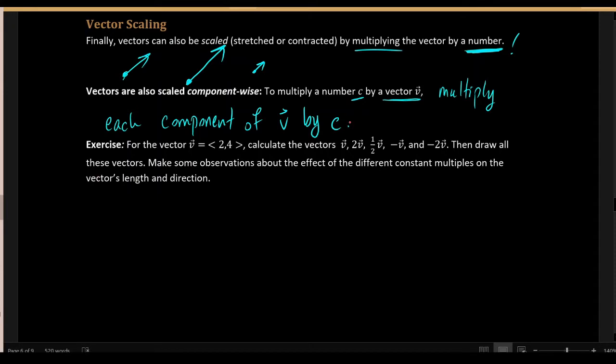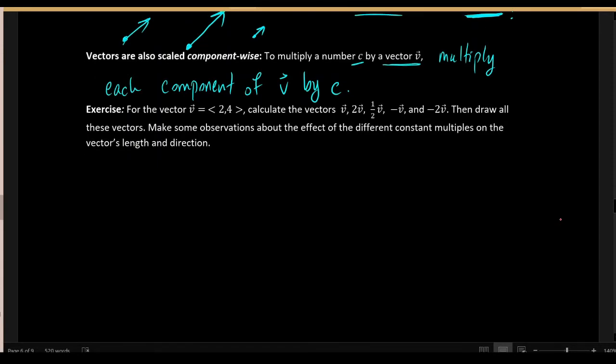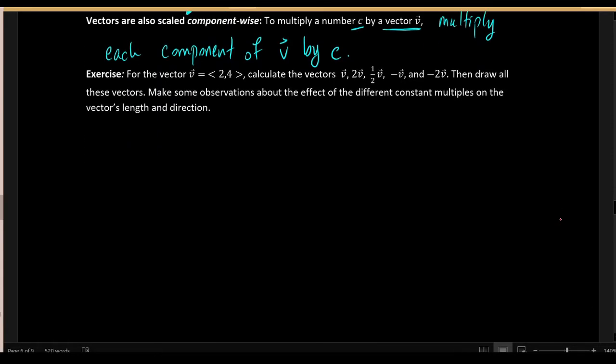Now let's see what effect different scalars, what effect different values of c have on the appearance and the properties of the vector v. For example, let's start with the vector v equals 2, 4.